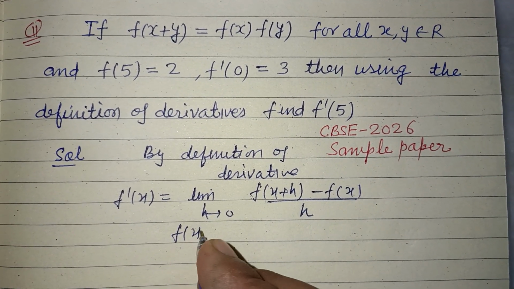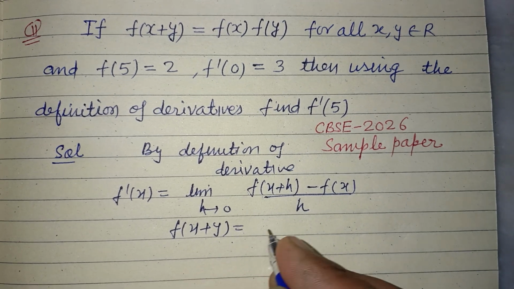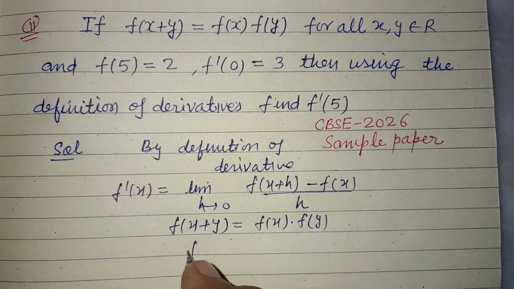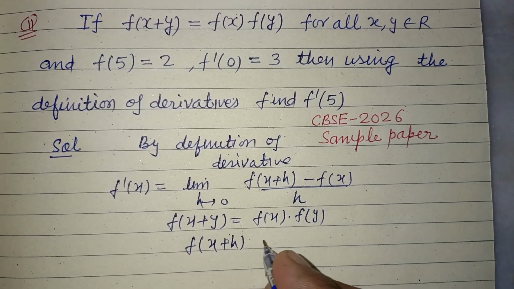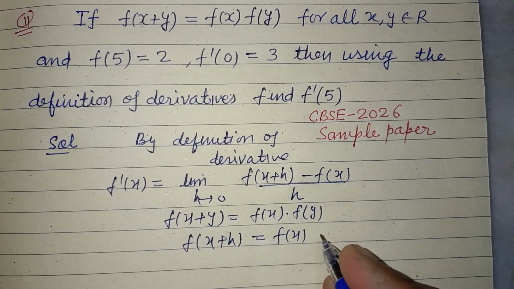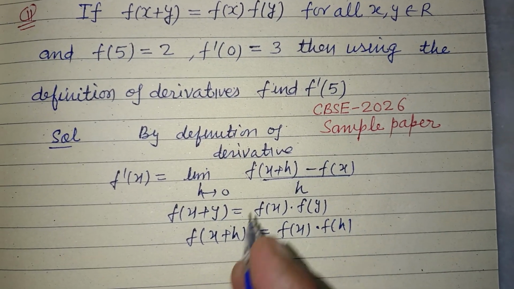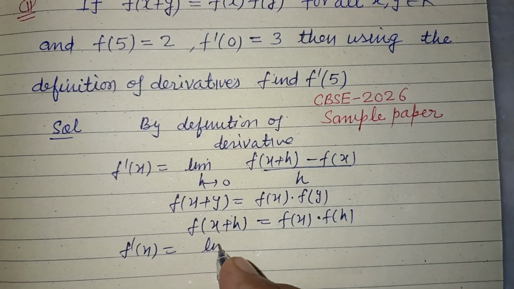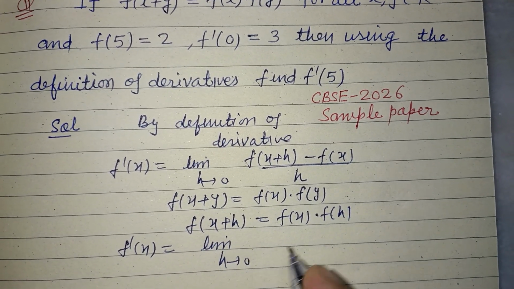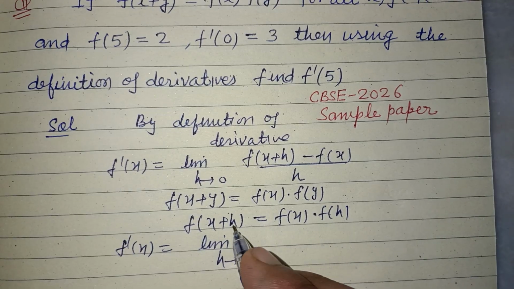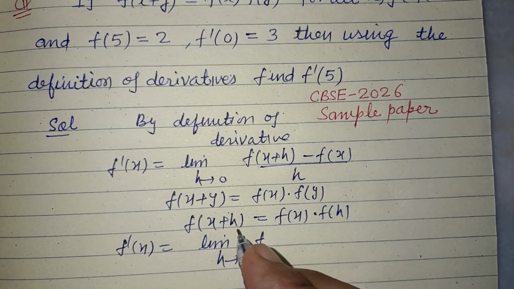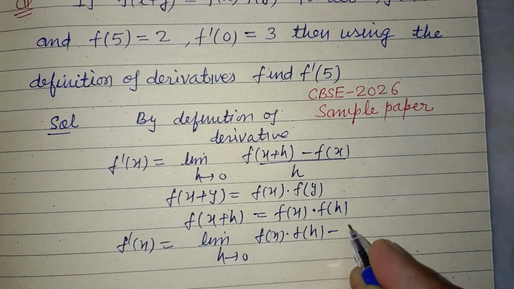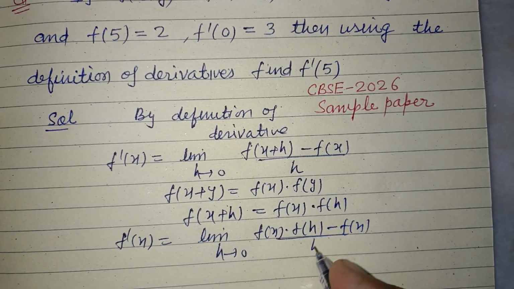Here it is given that f(x+y) equal to f(x) into f(y). If we put h in place of y, then it is f(x) into f(h). So f'(x) equal to limit h tends to 0, we put f(x+y), f(x+h) equal to f(x) into f(h) minus f(x) upon h.